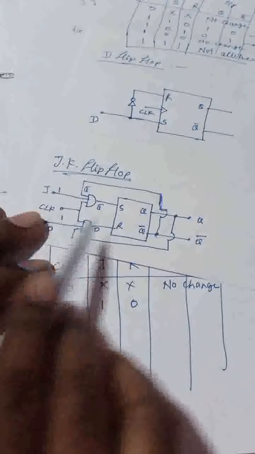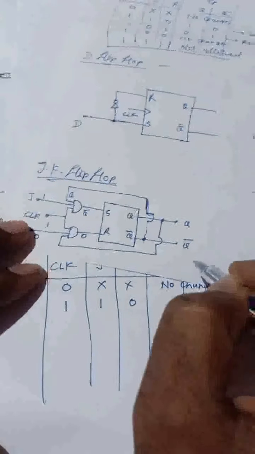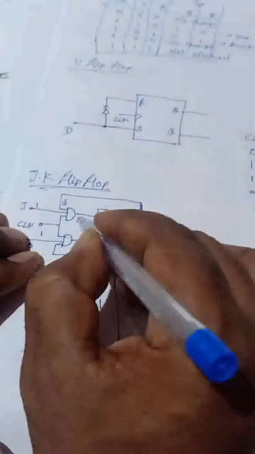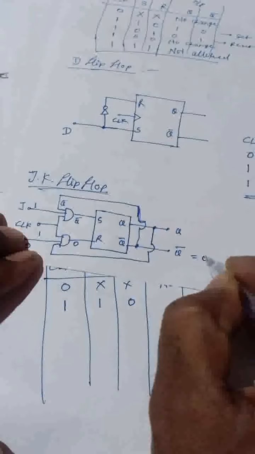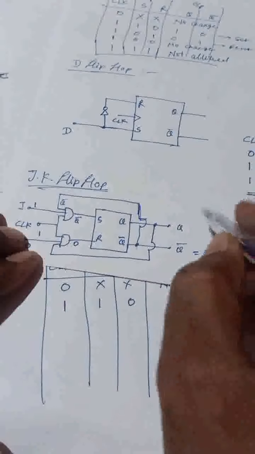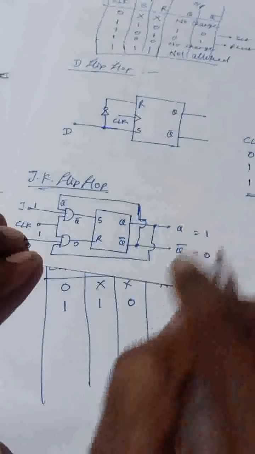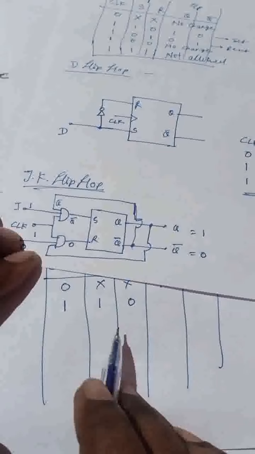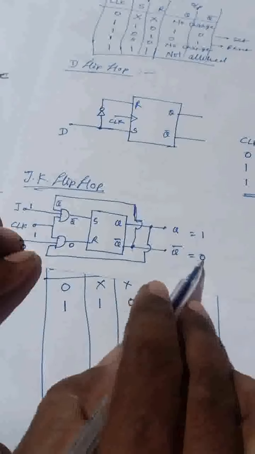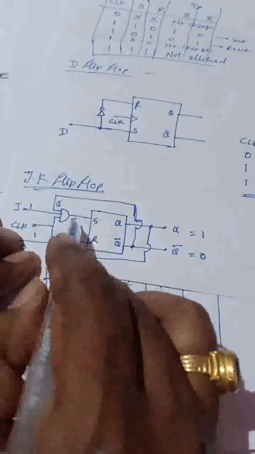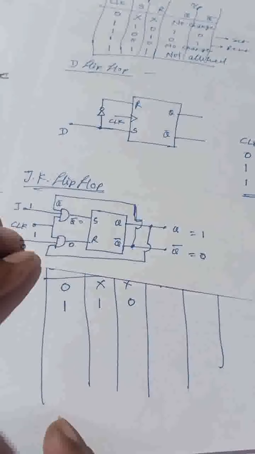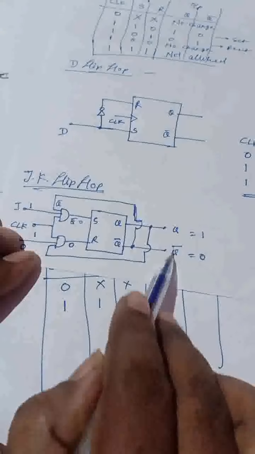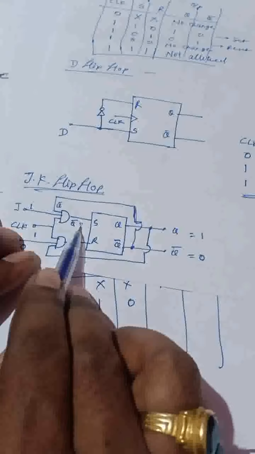Keep attention: if Q bar is 0, that means Q equal to 1.